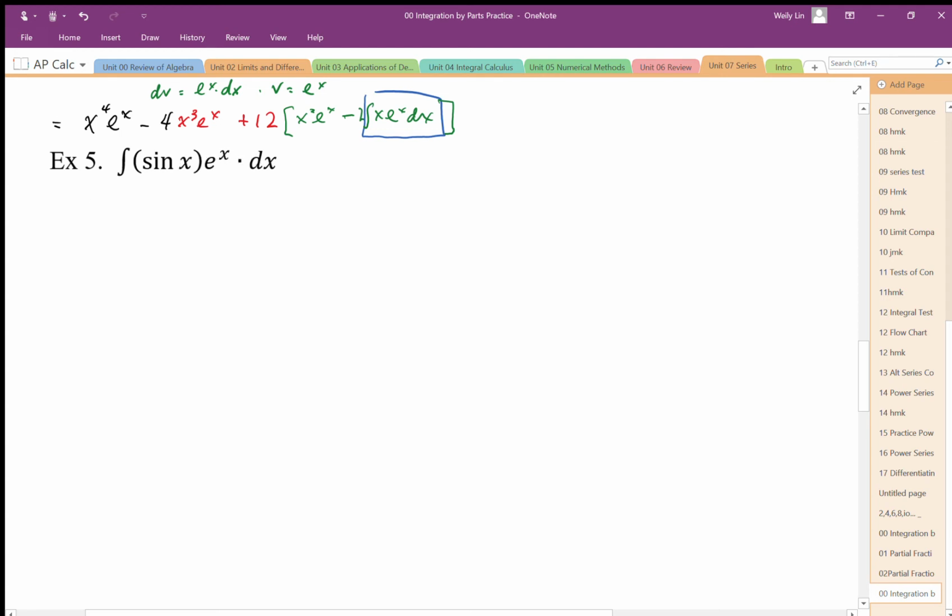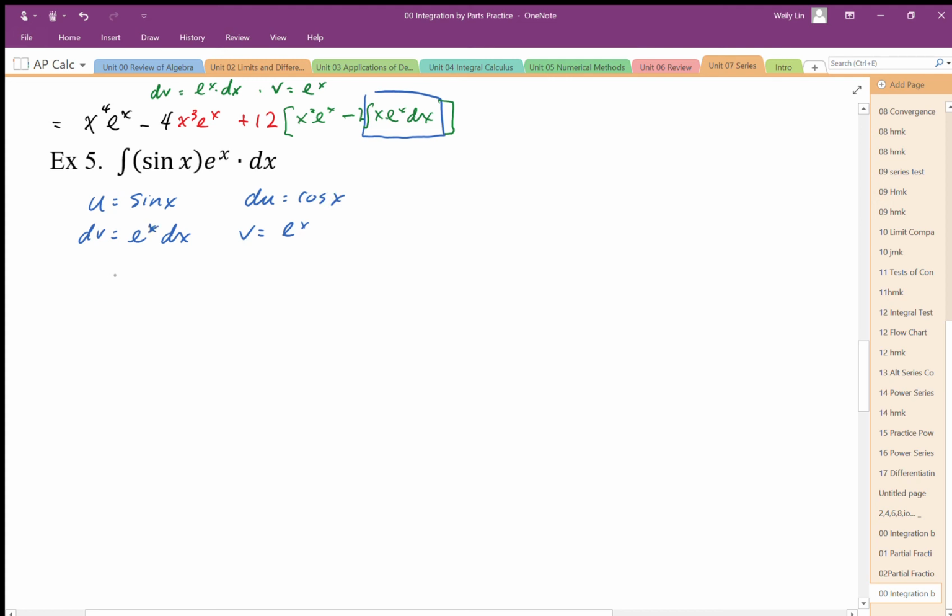In the end, for a problem like this one it actually doesn't matter which one we choose as our dv function. Okay, so I'm going to let u equal sine x, and then my dv equals e to the x dx. So I end up with v equal to e to the x, and du equal to cosine x.